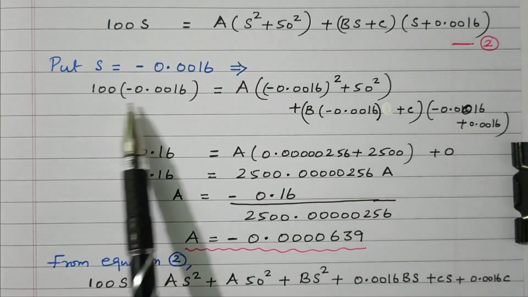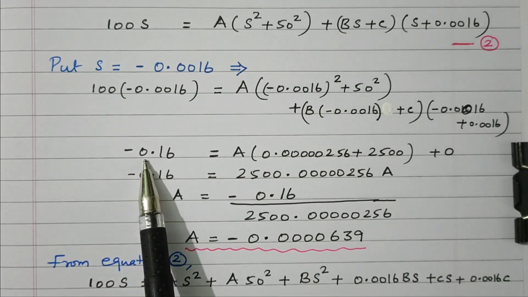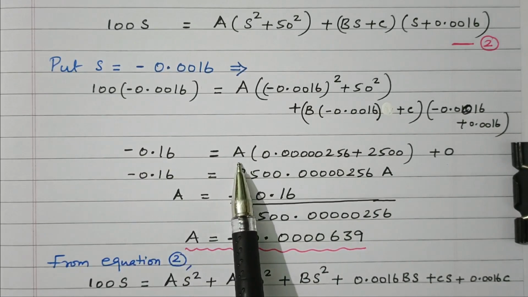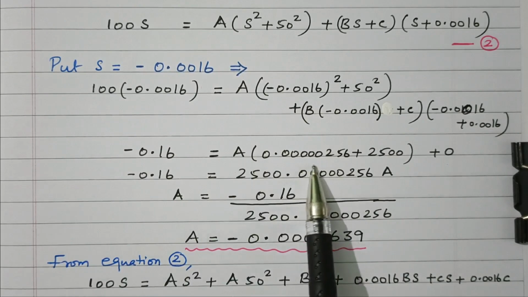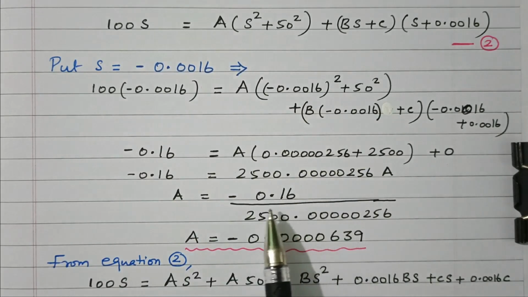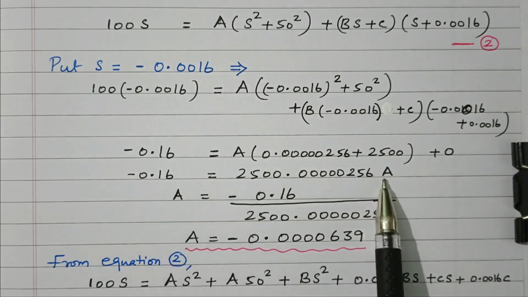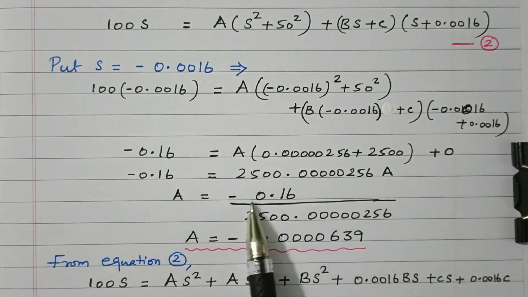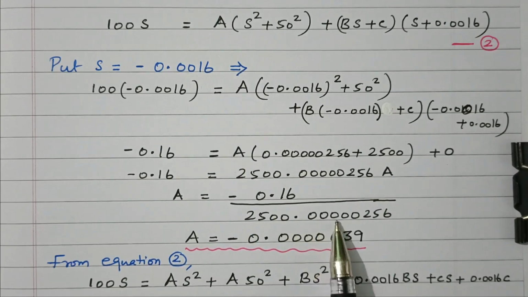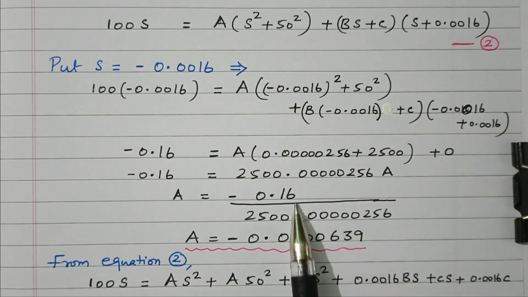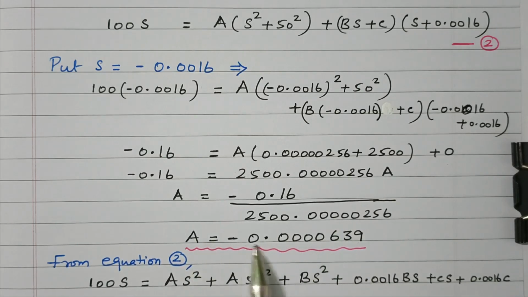So this 100 into this value is minus 0.16 equal to a, the square of this value, and it is added. Finally we got this 0.016 is this much value. So a equal to minus 0.16 divided by 2500.0000256. So by simplifying, what we got, minus 0.0000639. Right? Now we calculated the value of the a.